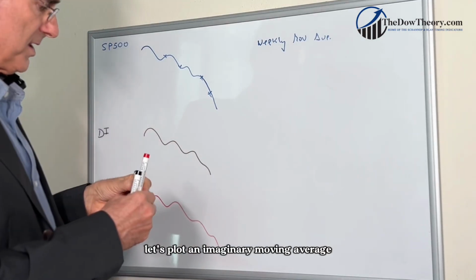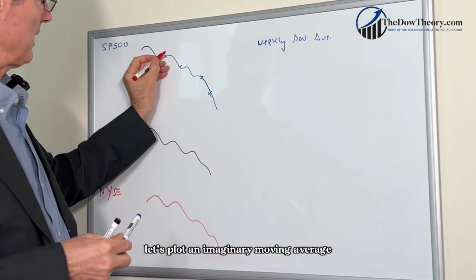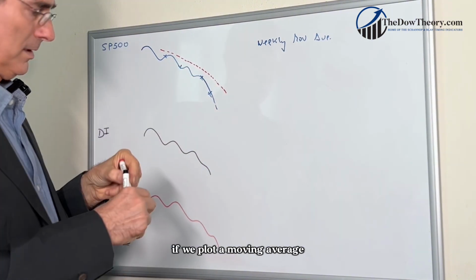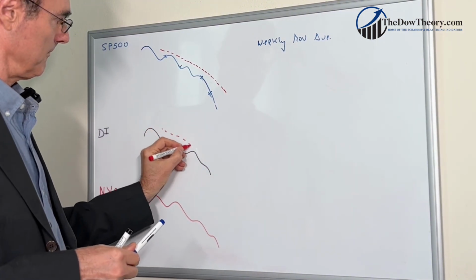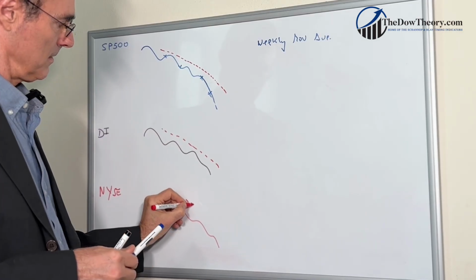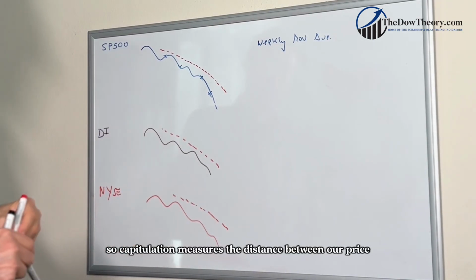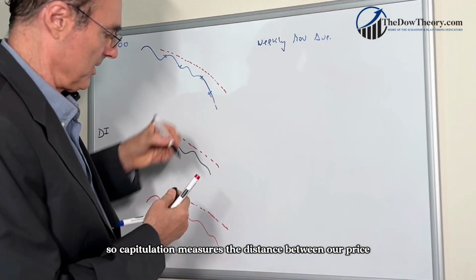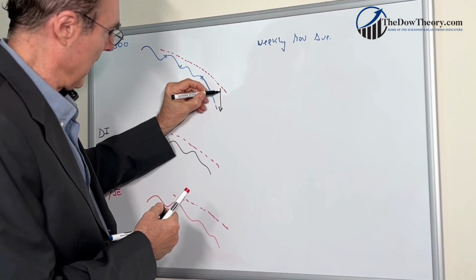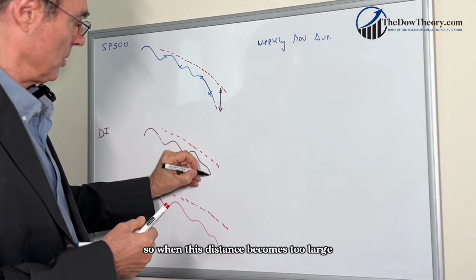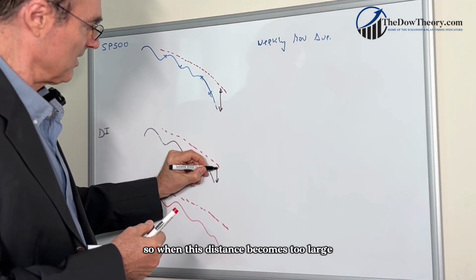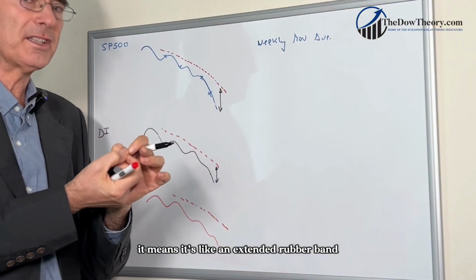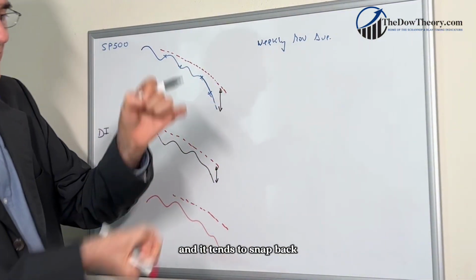And what it explores, let's plot an imaginary moving average, and a moving average would be going something like this. So capitulation measures the distance between our price and the moving average. So when this distance becomes too large, it's like an extended rubber band and it tends to snap back.